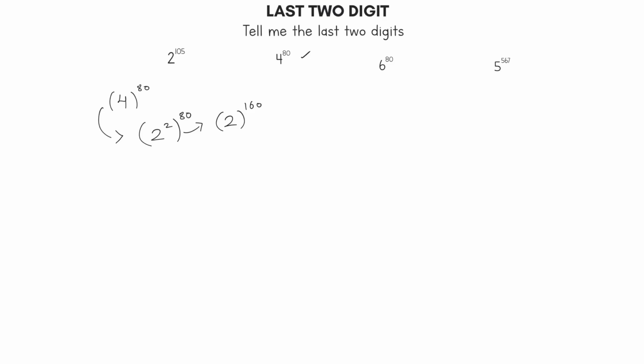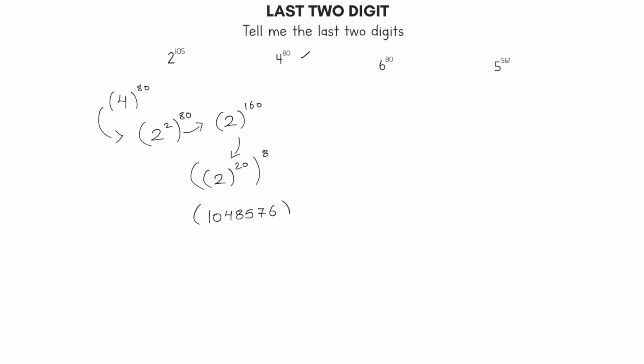What do I need? I need the power of 2 to be 20. So I'll write this as 2 raised to 20, all raised to 8. 20 into 8 is 160, and that's what I know about it. Now 2 raised to 20 is a big number. I don't want to know the number, but what are the last two digits of that? Even if I write the entire number, 1048576, no need to write this at all.